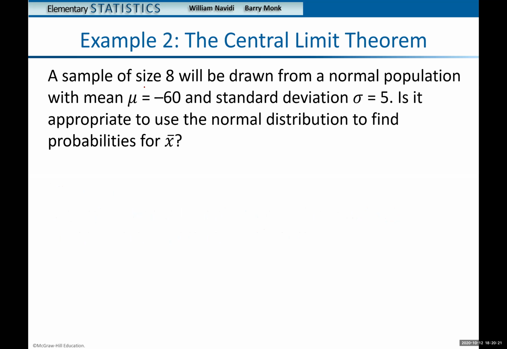Okay, how about this? A sample size of 8 will be drawn from a normal population with a mean equals -6 and standard deviation 5. Is it appropriate to use the normal distribution to find probabilities for the mean? Yes or no?